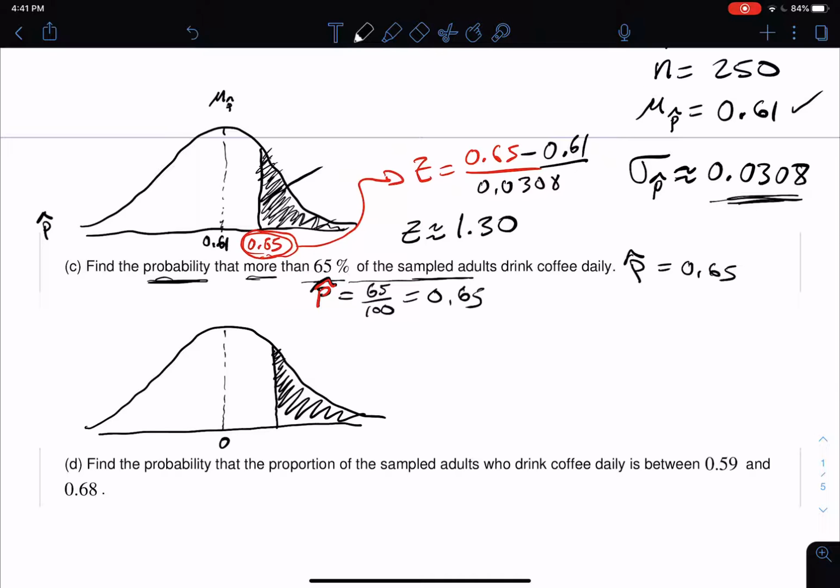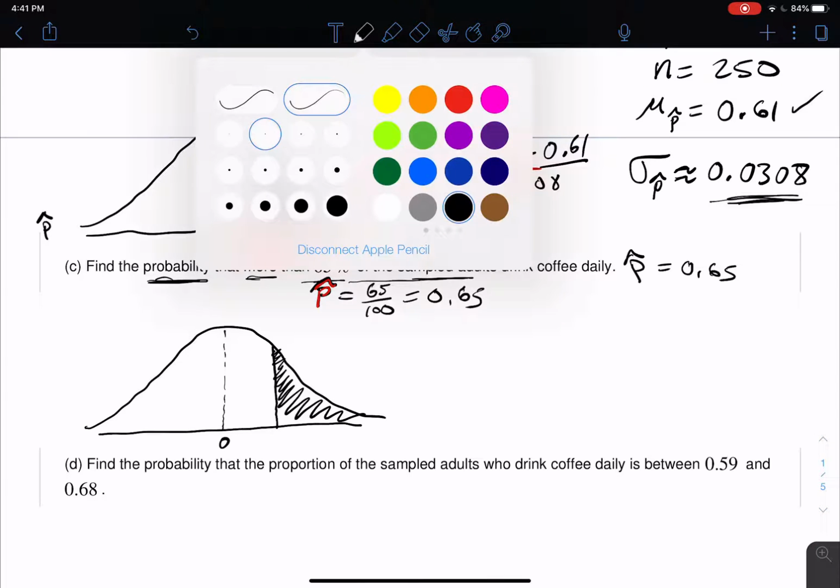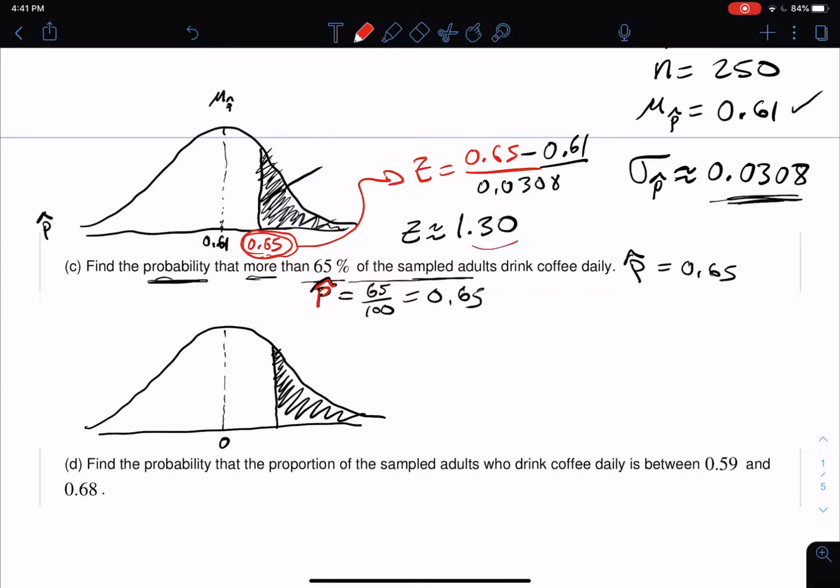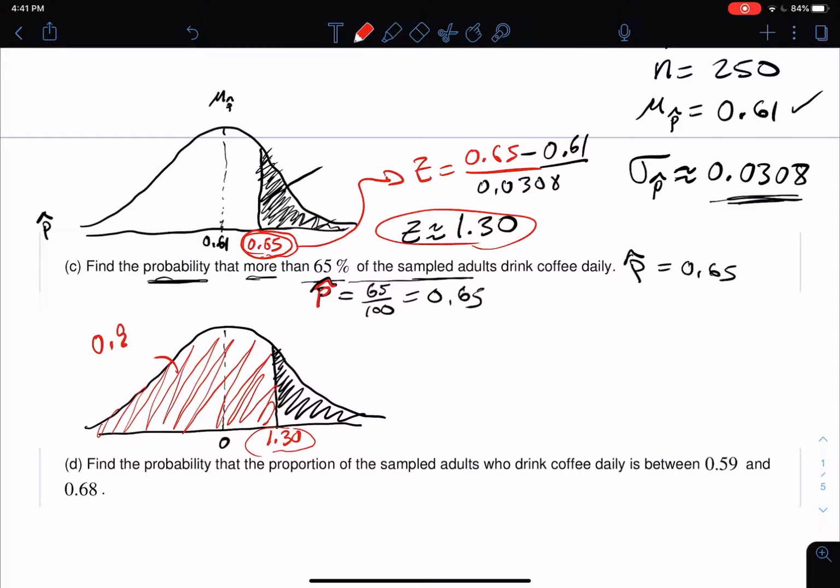And so this new number is now a z number. And that I can now look up on my z table. And remember, when I look on my z table, it's going to give me the area to the left of that z number. And so when I do that, I end up getting 0.9032.